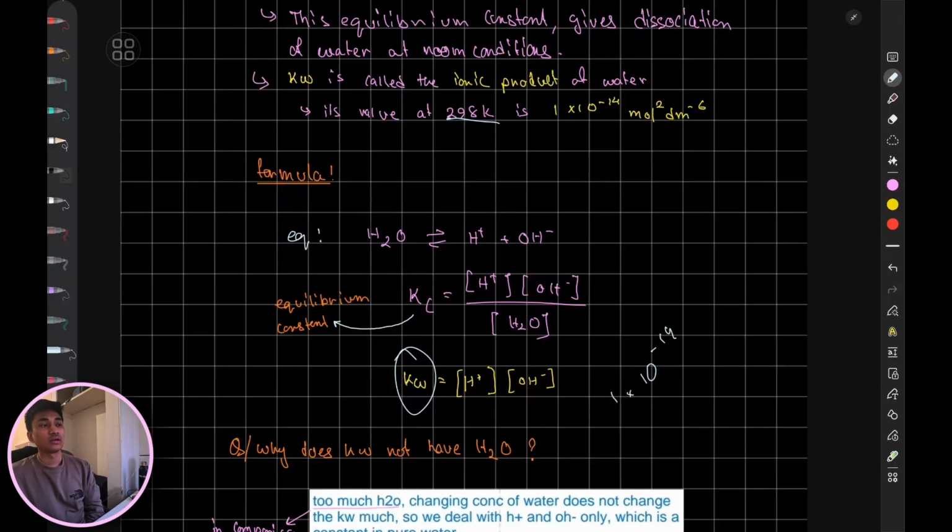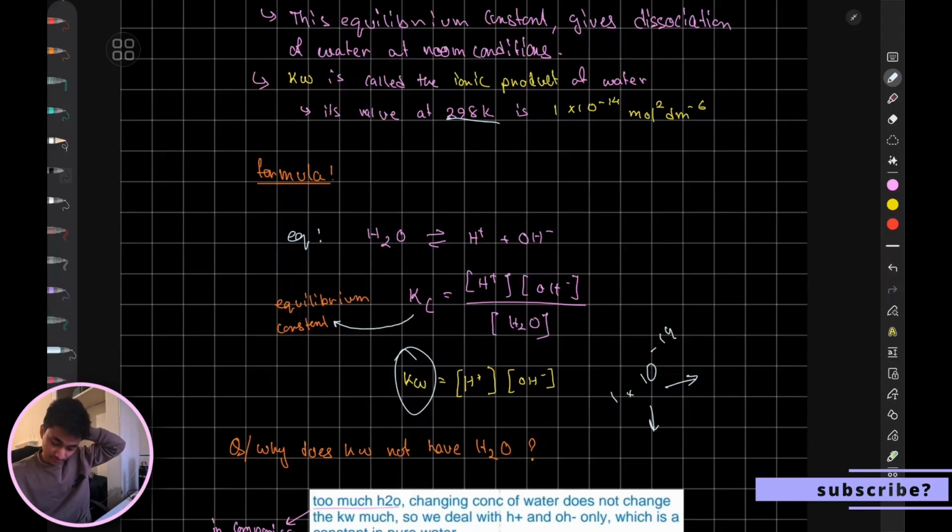Okay, and that means obviously, not half of it, but like root of it. Why did I say half? Yeah, root of it is going to be H plus, and the other root is going to be OH minus.